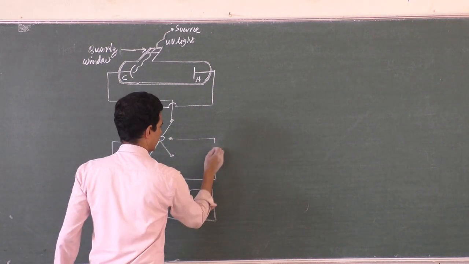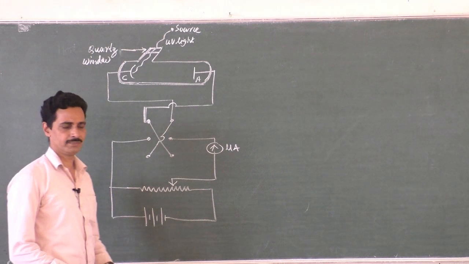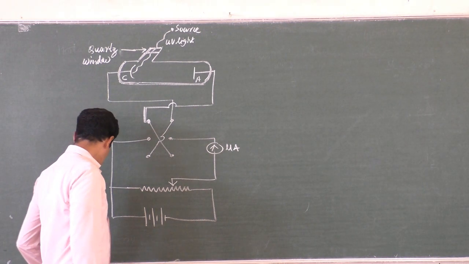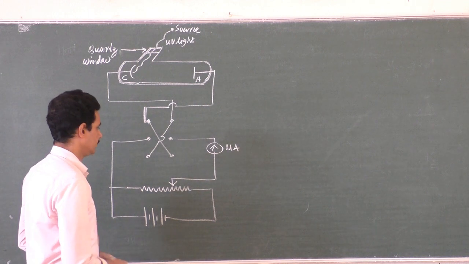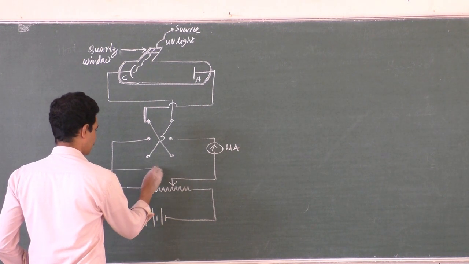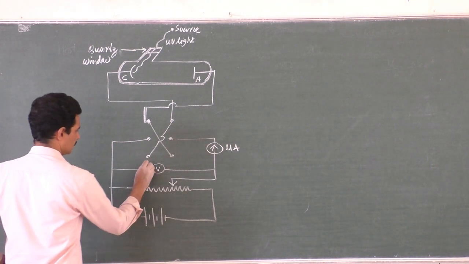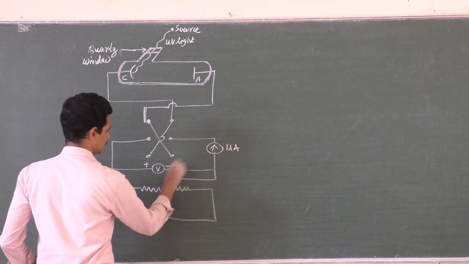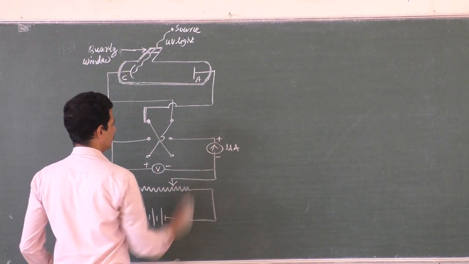And here should be a current recorder, that is a very sensitive microammeter, which can record current of very small order also. And whatever voltage you apply can be measured using a voltmeter here, from positive to the positive of the voltmeter, from negative to negative.